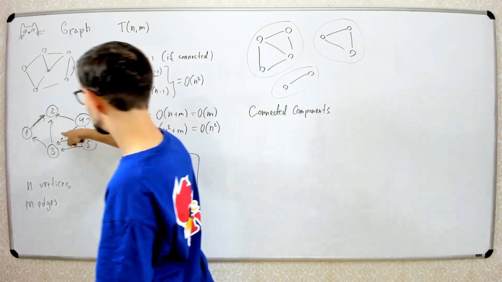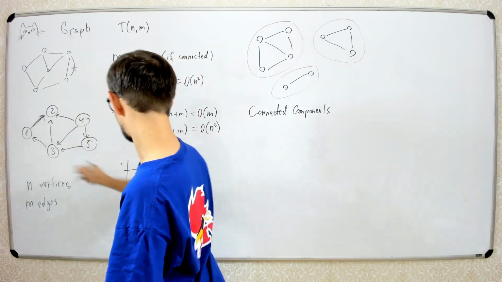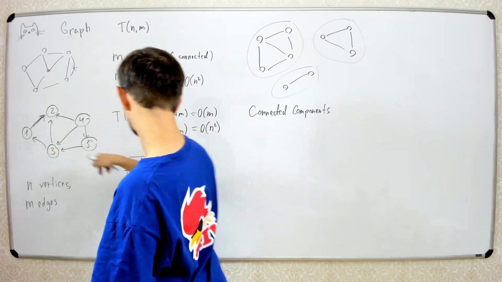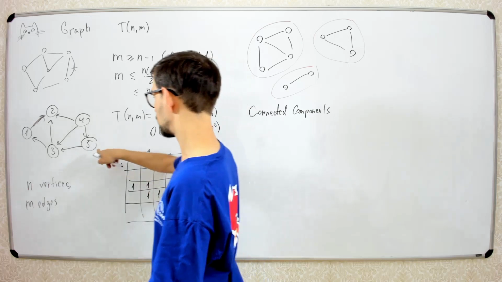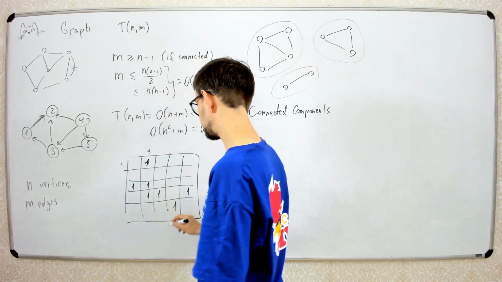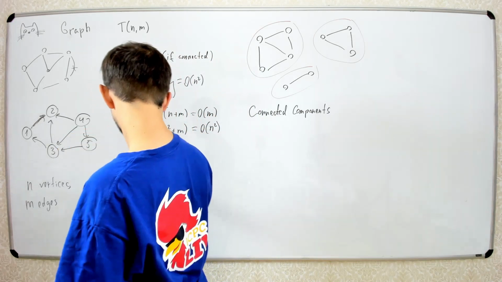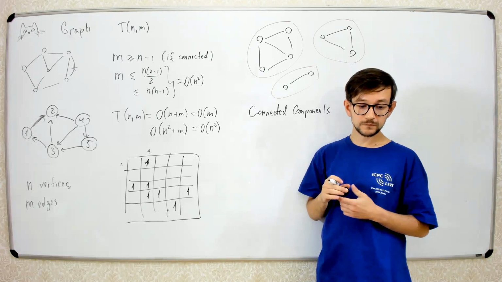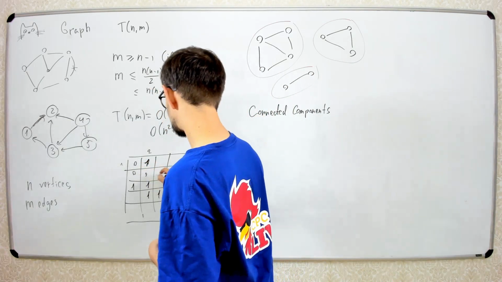So you have the edge from 3 to 2, from 3 to 1, from 4 to 2, 3, and 5, and from 5 to 3. And you just put zeros in all other cells, like this.